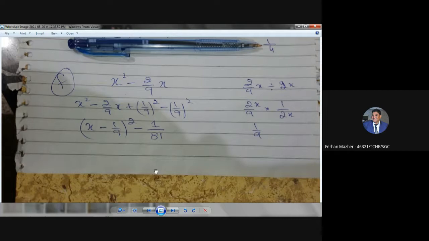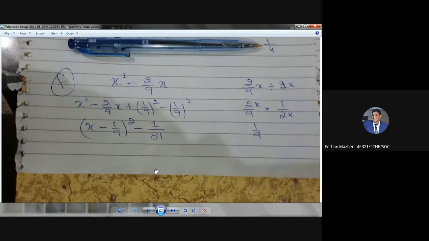So this is a quadratic expression, and we want to convert this into a certain form. The technique of this is very simple. What we do, we take that term which has x in it in our rough work. The term is 2x by 9, and I will divide it with the 2x.